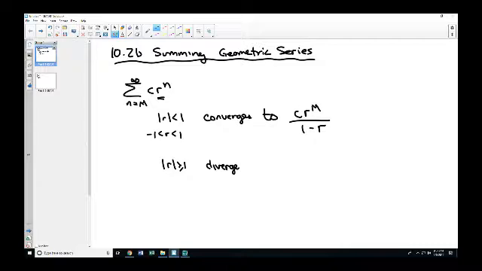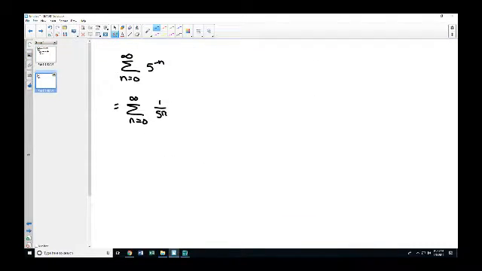Is that 1 over r to the n? No, it's not. So how would I make this something to the nth power? Multiply by 5. What's 1 to the nth power? It's 1. Any 1 to any power is 1. So we can actually do this.